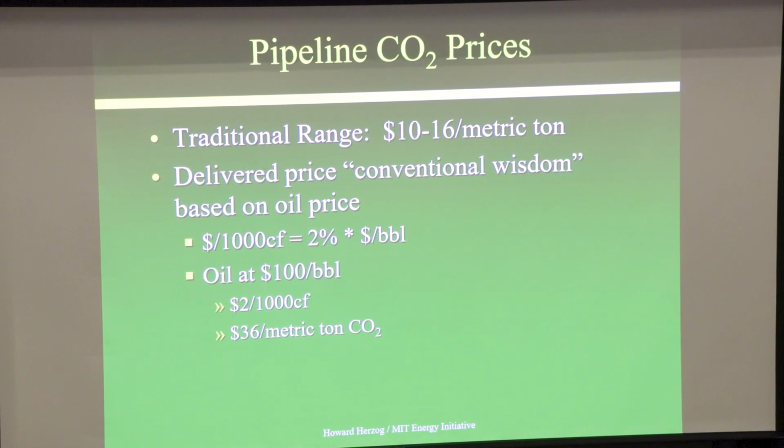The people that use it for EOR drive a tough bargain. They're not going to give you 1 cent more than they have to. The typical range of prices is about $10 to $16 per metric ton.